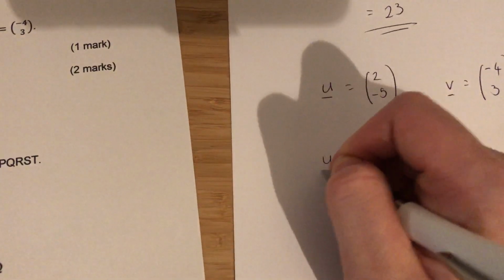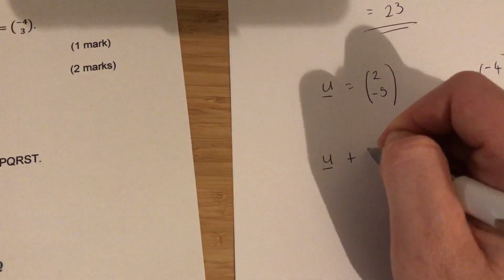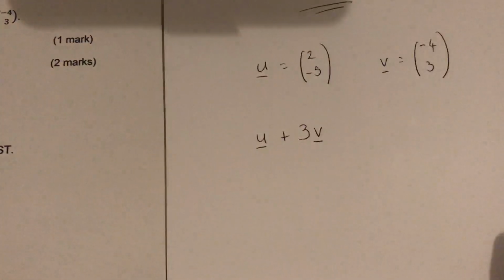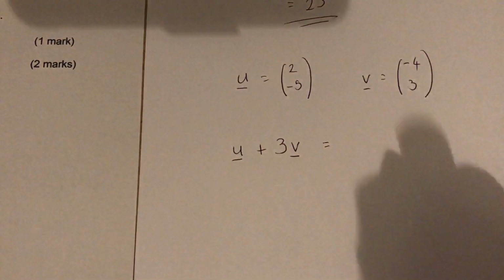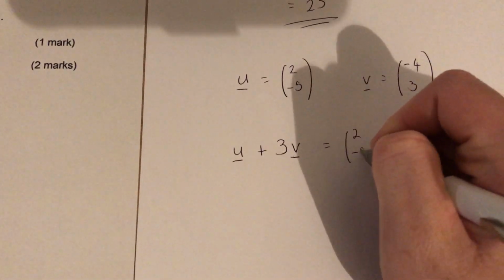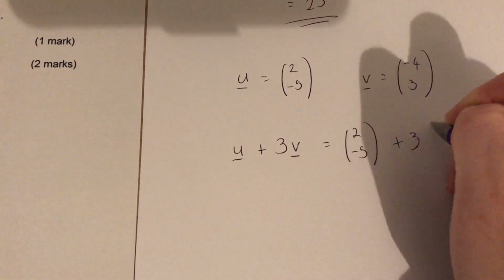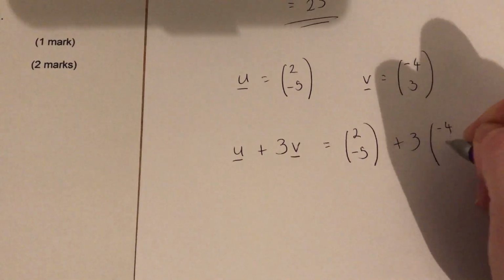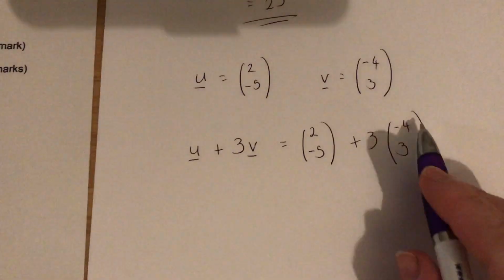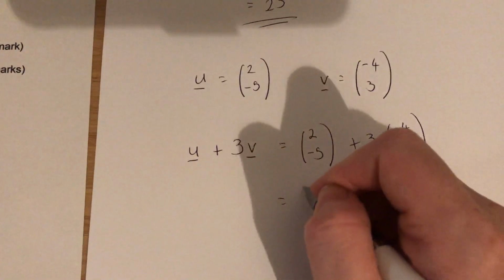So we've been asked to find the resultant force of u plus 3v. So we're just going to substitute in what we've got there. So u is just 2, negative 5, plus 3 times, and v is negative 4, 3. We're just going to work out what 3 times that one is first before we add them together.